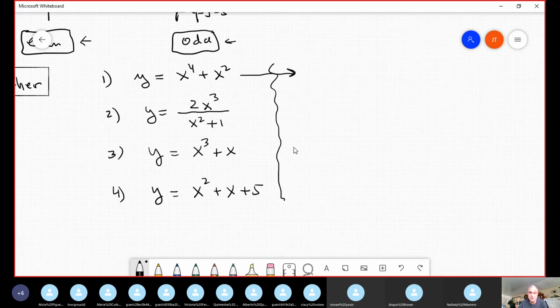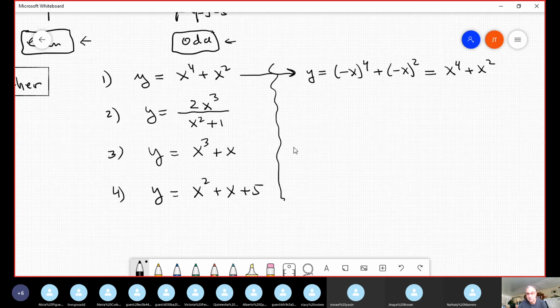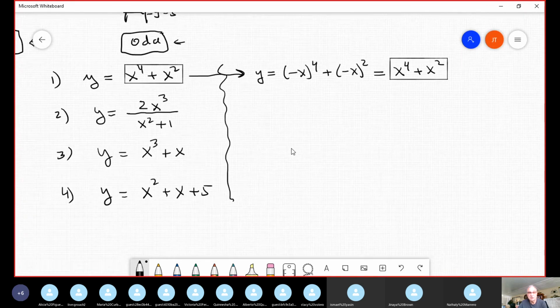You replace x with negative x. When the exponent is even, it's positive. It doesn't change. And this expression is identical to this expression. Therefore, the conclusion is this is an even function.